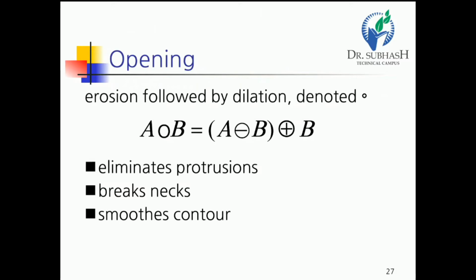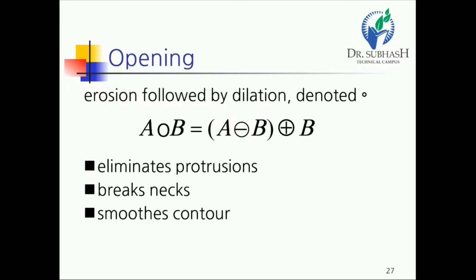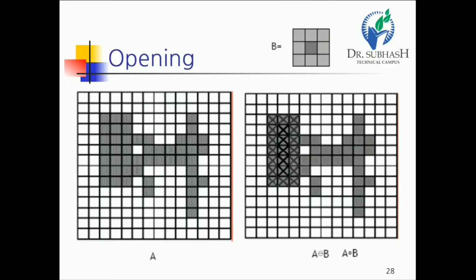A opening B is equal to A erosion B, and on the resultant we apply the dilation with B. This is another characteristic of morphological image processing: opening is erosion followed by dilation, denoted with a small circle. Opening eliminates protrusions, breaks necks, and smooths the contours. So this is the representation of opening.